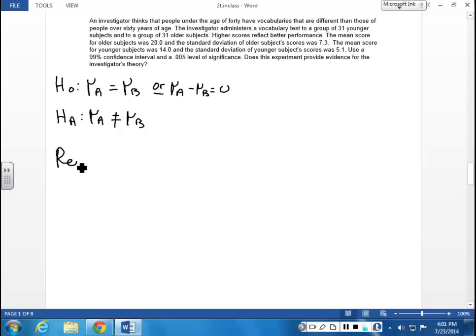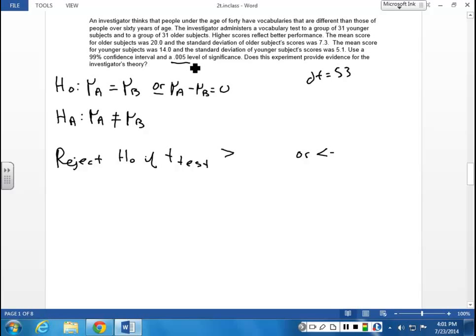We're going to reject H0 if the t-test statistic is greater than some value or less than minus that same value. Remember, we had degrees of freedom of 53. Used our calculator to obtain that.